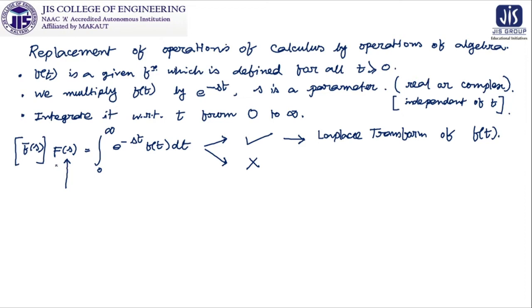So please check, when we take a function of t and multiply it by e to the power minus st, then this product term, when integrated with respect to t, will give you an expression where s will be present as well as t.